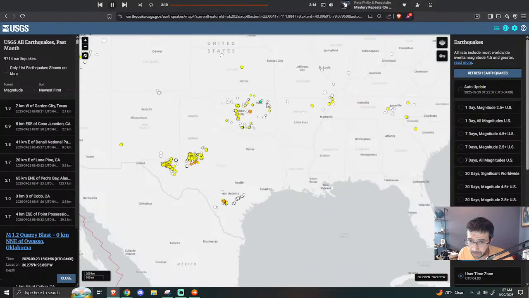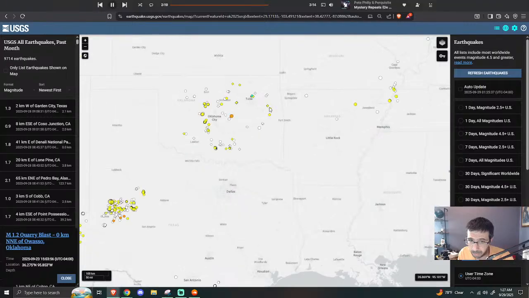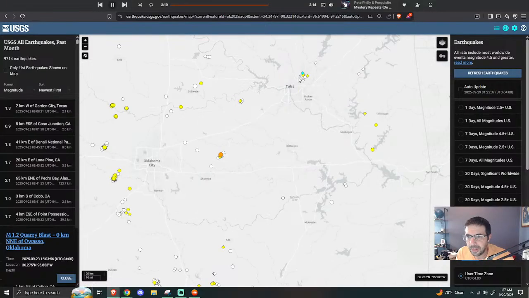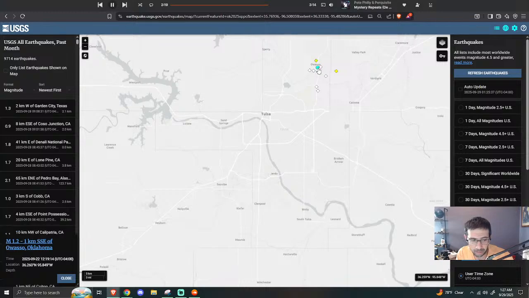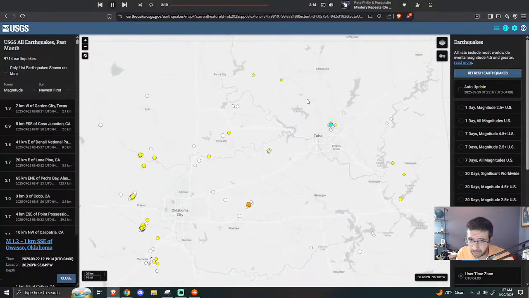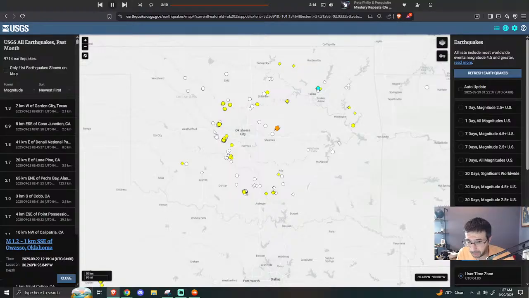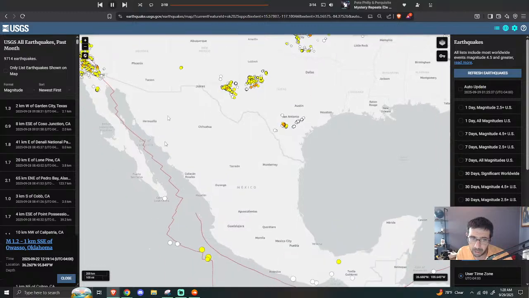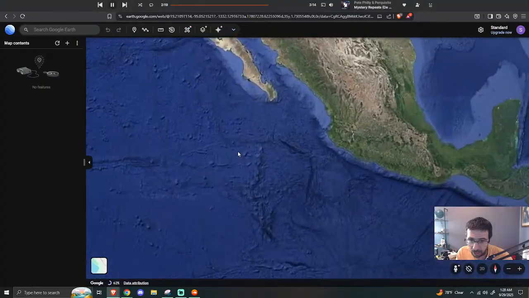I don't really even know what to make of it. Just one earthquake right there. I guess most of these are not earthquakes. The earthquakes are more over here. It kind of resembles one of those things, like this.